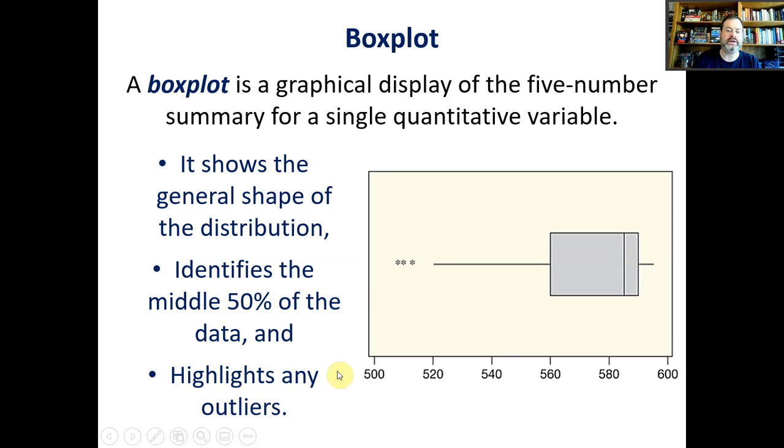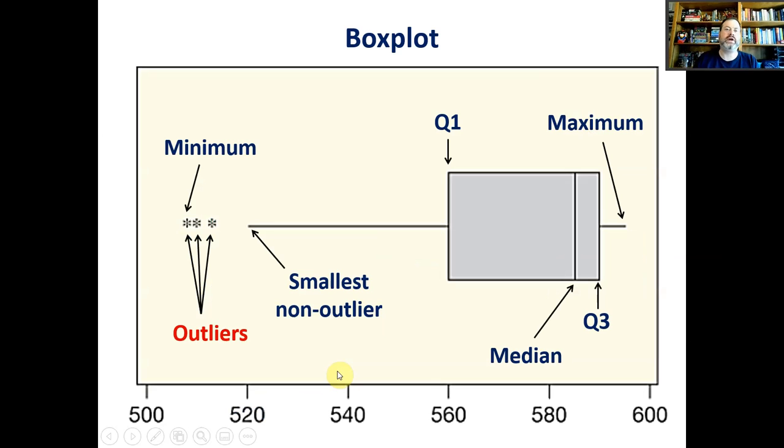And again, shows outliers. So here's a breakdown of the box plot on the previous slide. So the way this works is you have your quantitative data value at the bottom. And the height of the graph does not have any meaning. You just mark all the observations just on this center line.